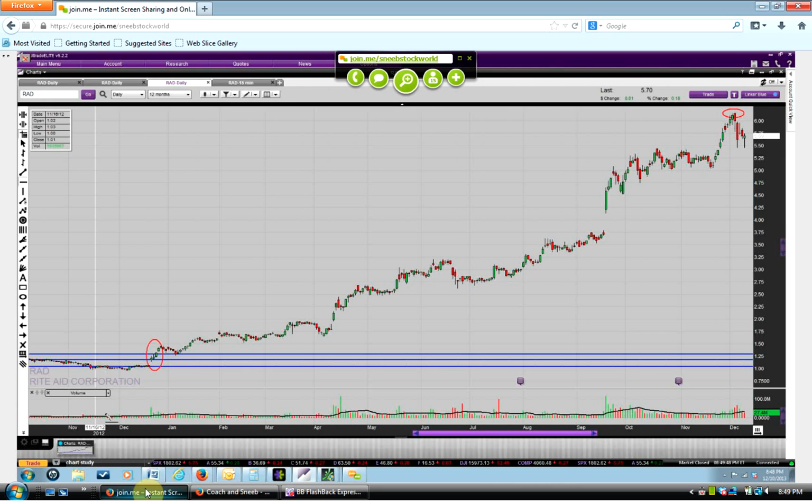Now, if I'm scaling into this trade, even a couple days into this, do I know that it's actually a higher low? I really don't know it's a higher low until it runs, right? Or until the next low is made.